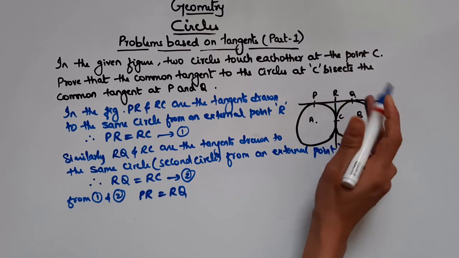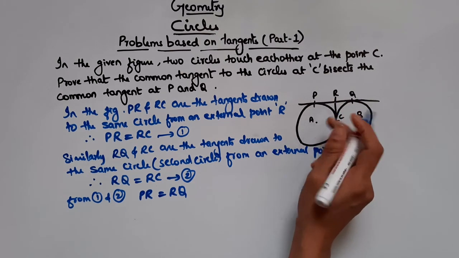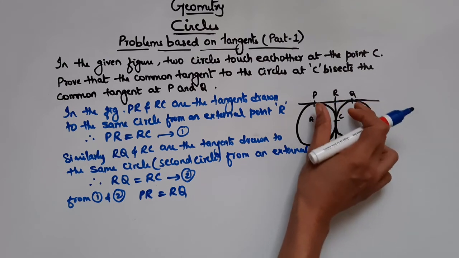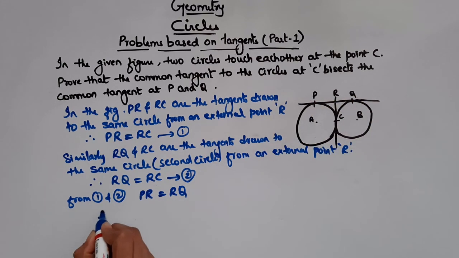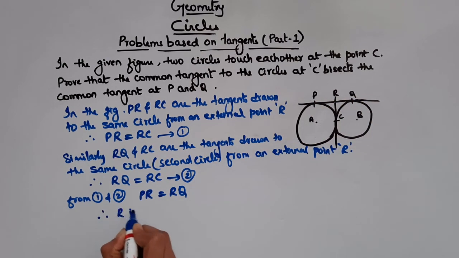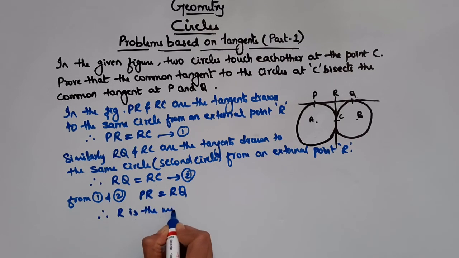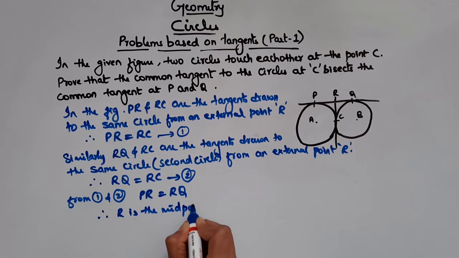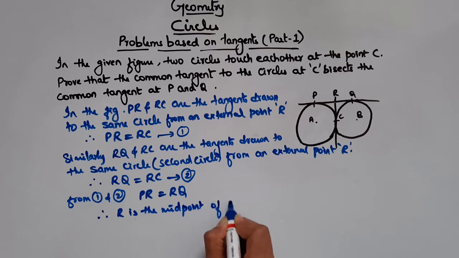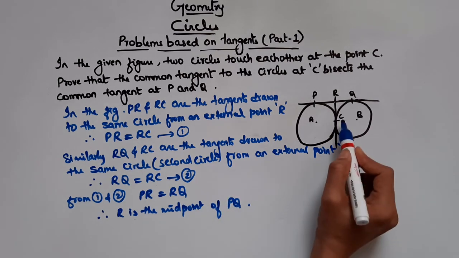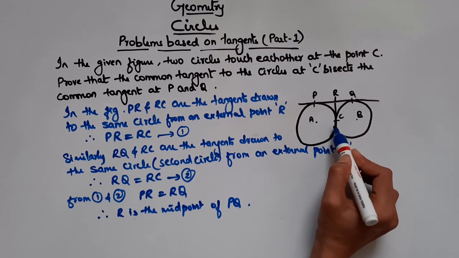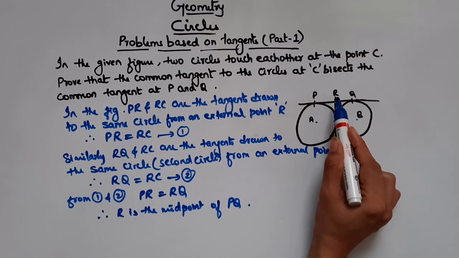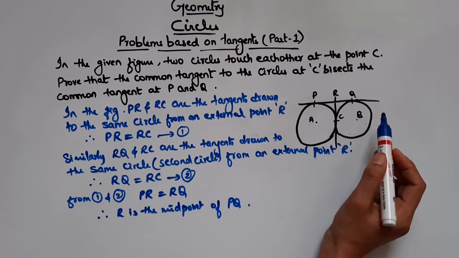When R is the midpoint, right? So therefore we can say R is the midpoint of PQ. That means the common tangent to the circle at C bisects the common tangent at P and Q.